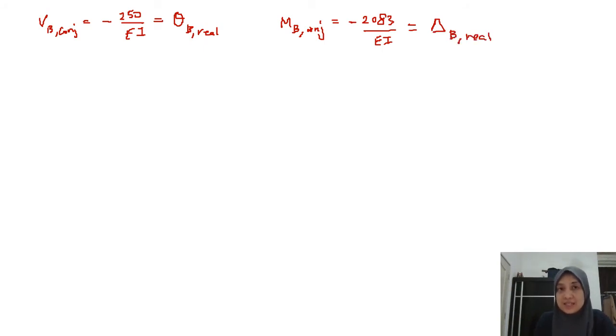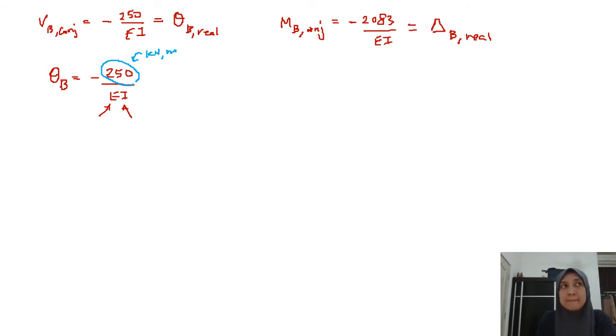Having said this, if you want to find the slope at B, it's just whatever the value is; plug in the correct values of E and I. My suggestion is, since you derived your 250 based on your unit load and distance in kilonewtons and meters, for EI make sure the unit is also in kilonewtons and meters.